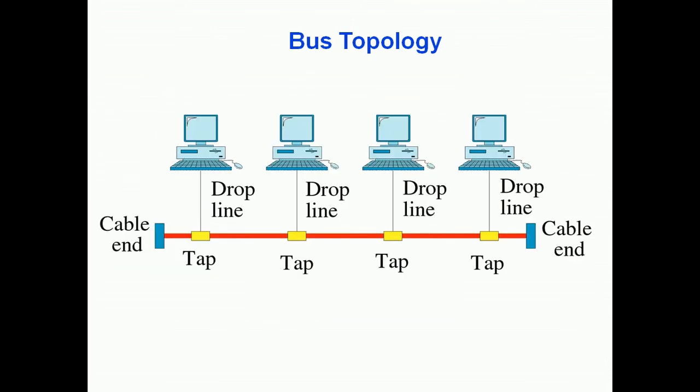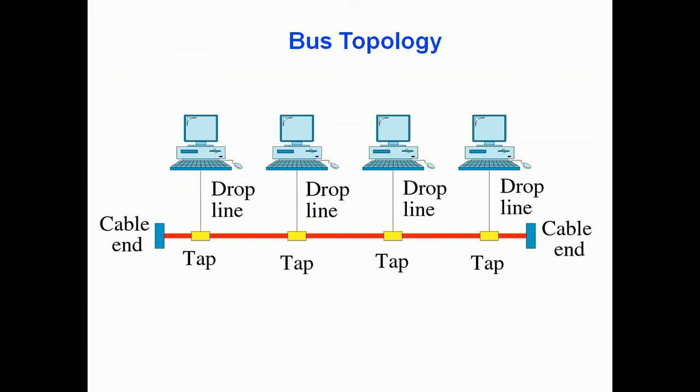Next is bus topology. In bus topology, there is a long cable that acts as a backbone of the network. This long cable is shown in the red color, and this cable end is known as cable end.